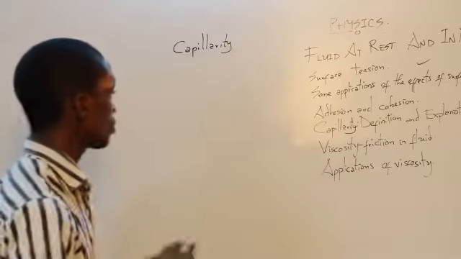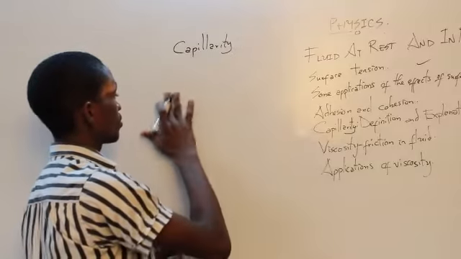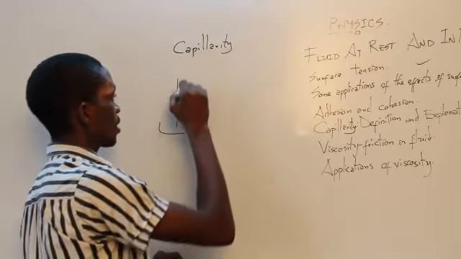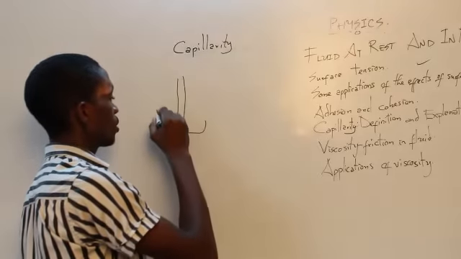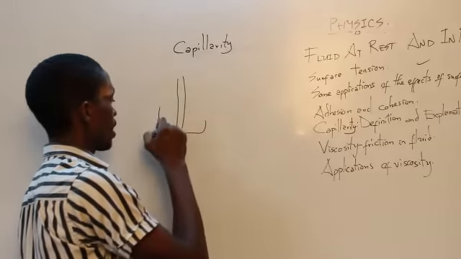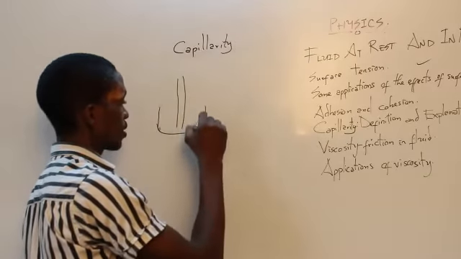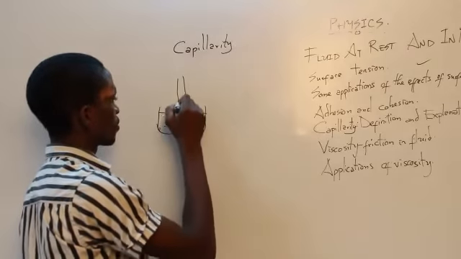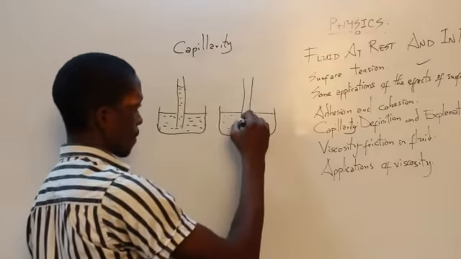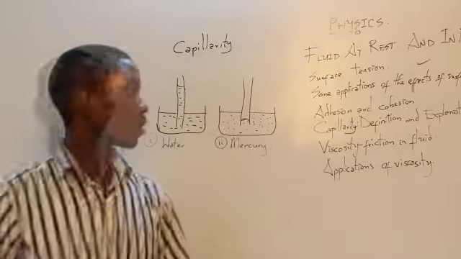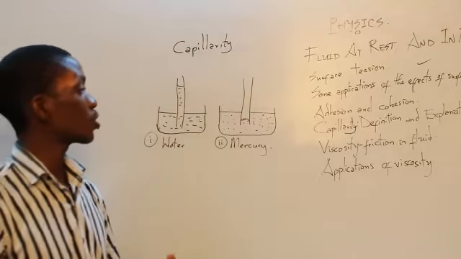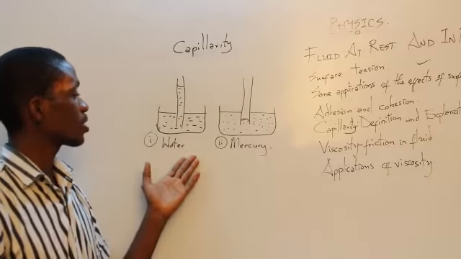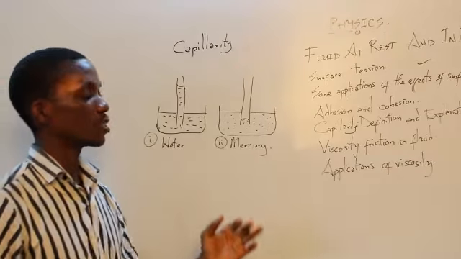In a capillary tube, we have a capillary tube fixed in this beaker, and there is water or alcohol. Now, in this particular situation where we set up the capillary tube in beakers, we have water in the first one and mercury in the second one.